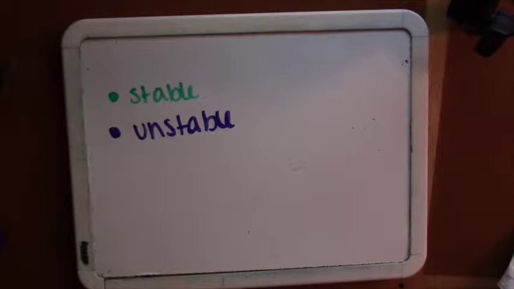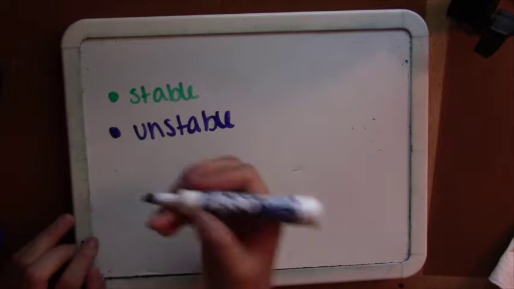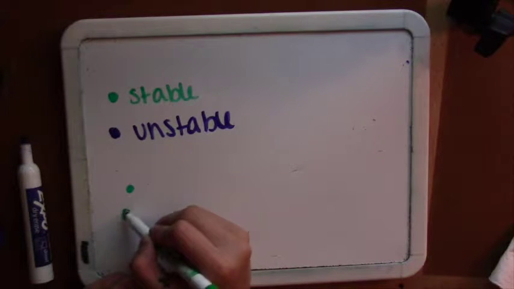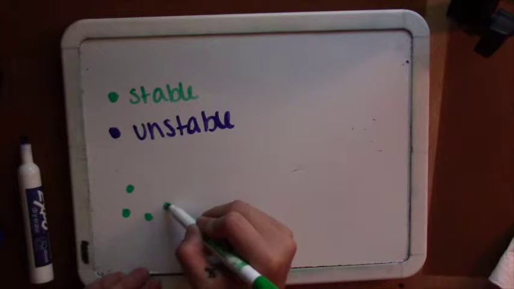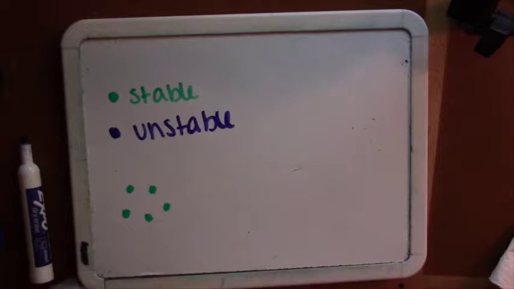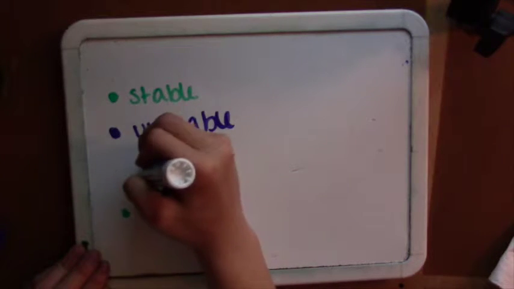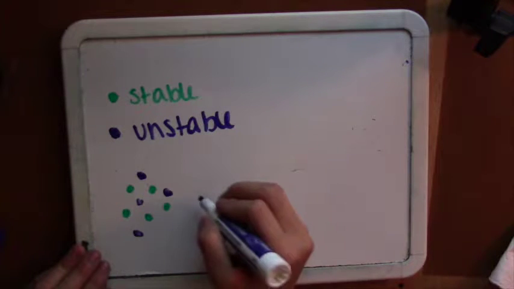So, what this means is that in a particular material, there will be a ton of stable nuclei and some unstable nuclei.